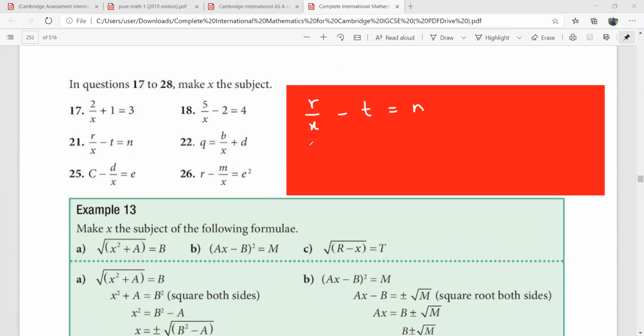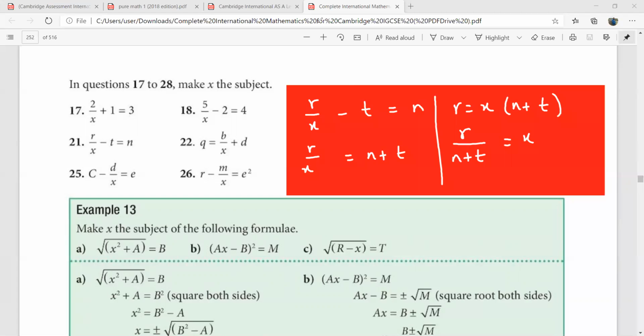You should ideally be decreasing the number of terms with this x. So this minus t goes to the other side. This is n plus t. And then you have r equals x times n plus t. And then this x is going to be r over n plus t. So you see this x is now the subject of this formula.